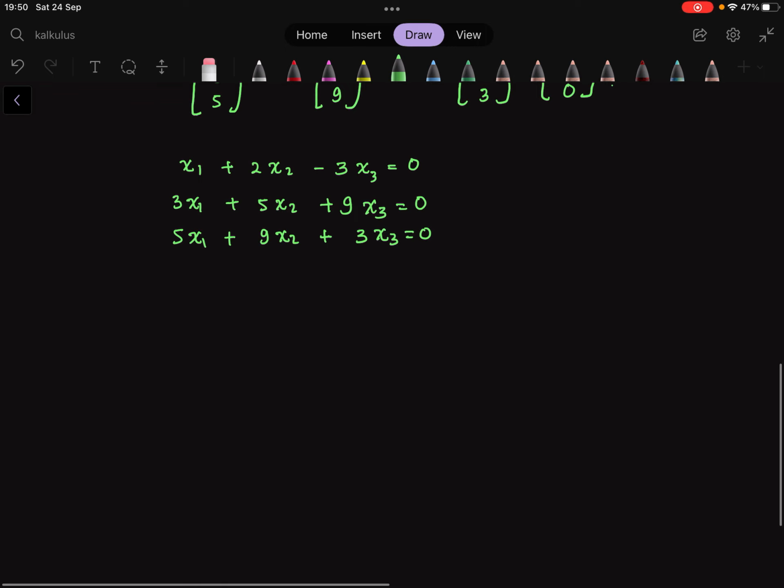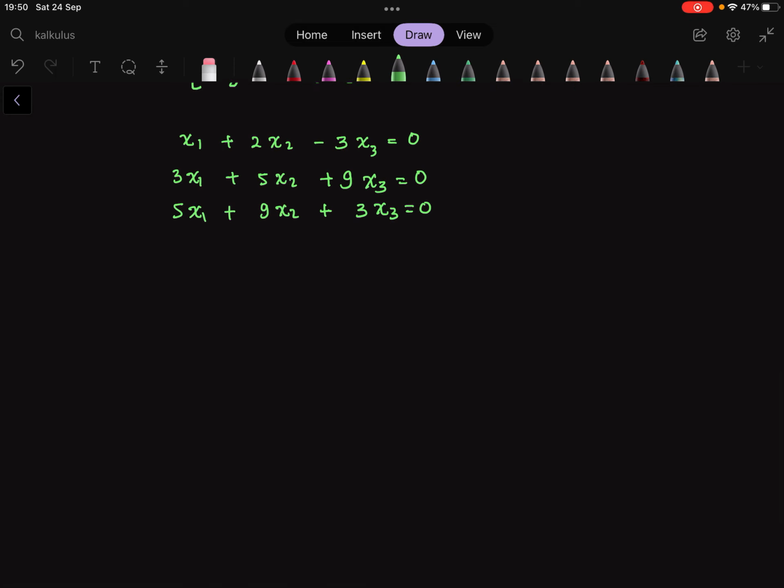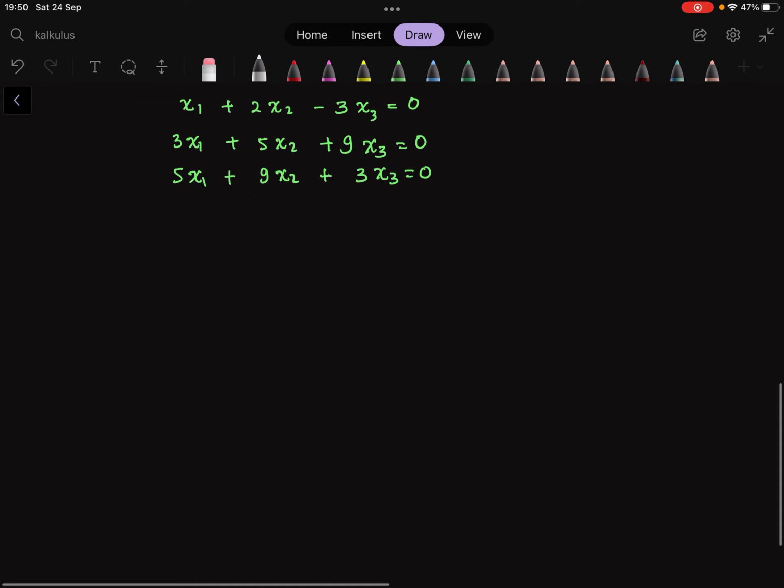So the next step, we need to solve the problem. So how to solve the problem? We can use row reduction. First of all, we need to write it as a matrix.